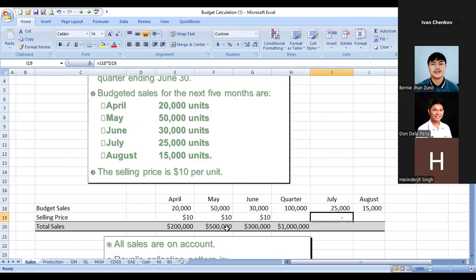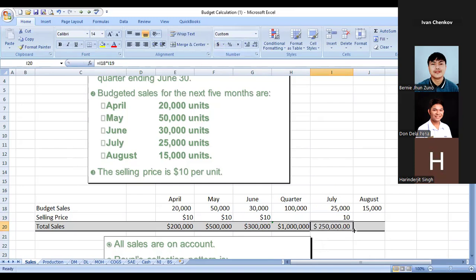Now in July, what do we expect? In July, we expect to generate, let's put this formula here, 250,000. Let's format it with the dollar sign.